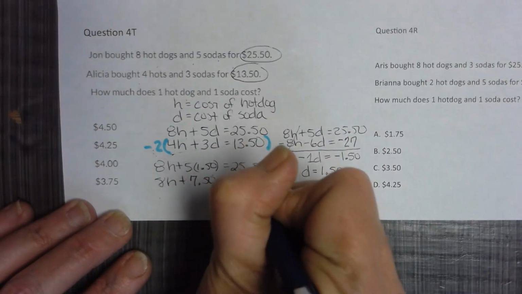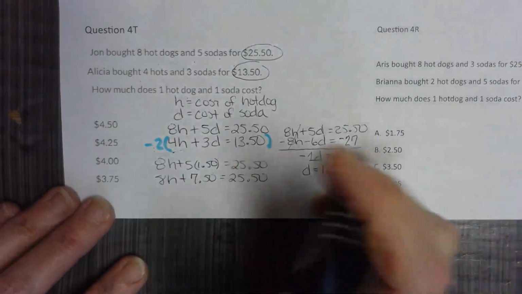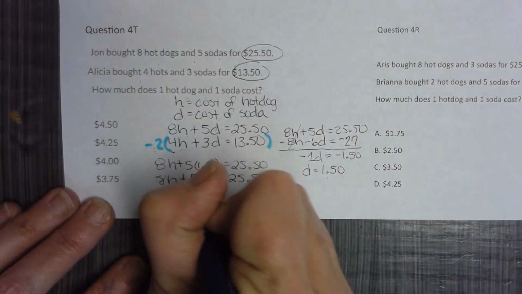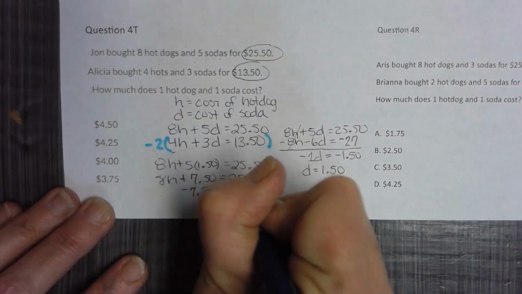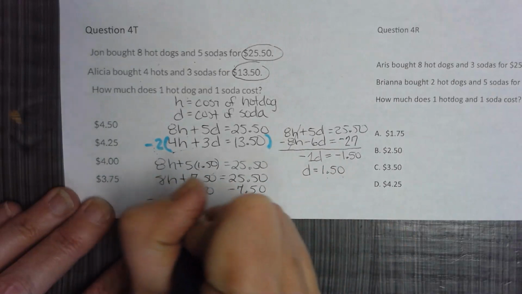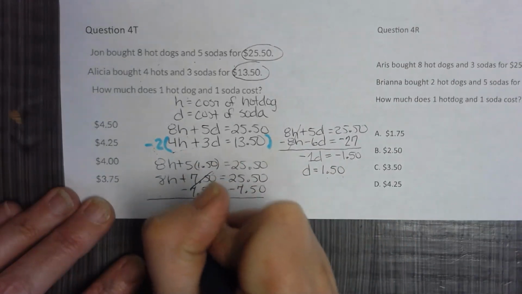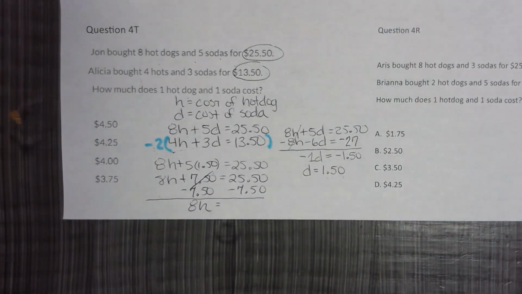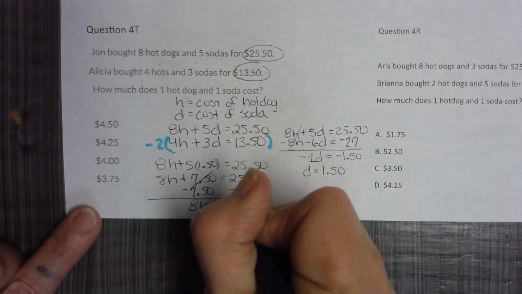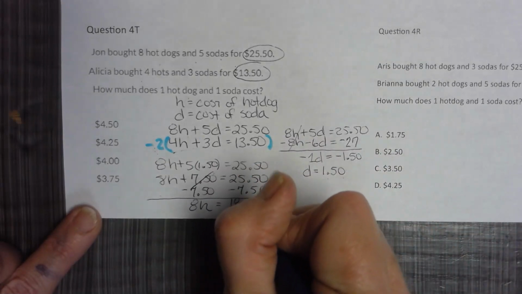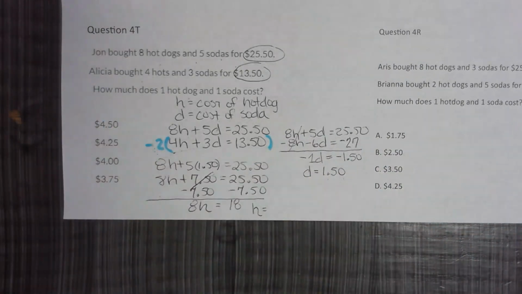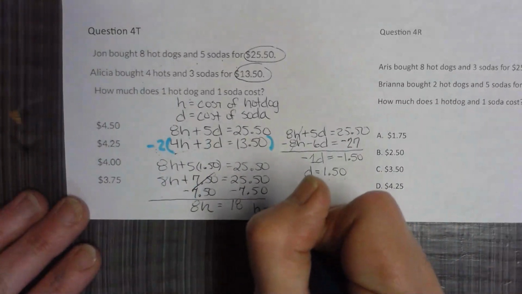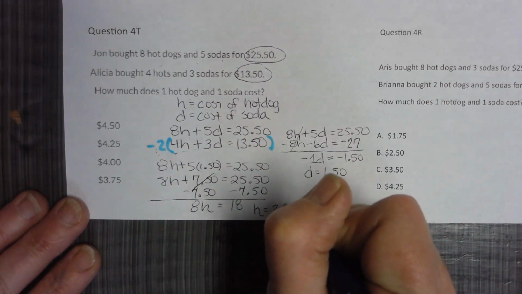And now we have a 2-step equation. So we're going to subtract 750 on both sides. So we got 8H equals 2550 minus 750 is $18. And now we divide both sides by 8. We get $2.25.